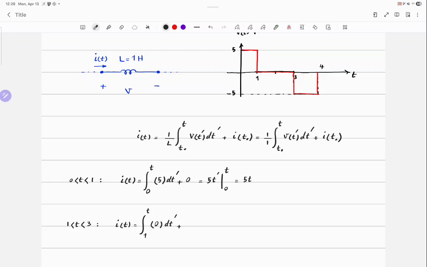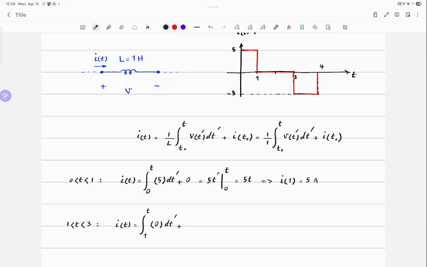So there's something missing with my calculation of the previous interval, right? Whenever you find the function of each interval, take an extra step and find the value at the end of that interval. Why? Because the end of each interval is the start of the next interval. So I'm going to write it like that. I at 1 second is equal to 5 amps.